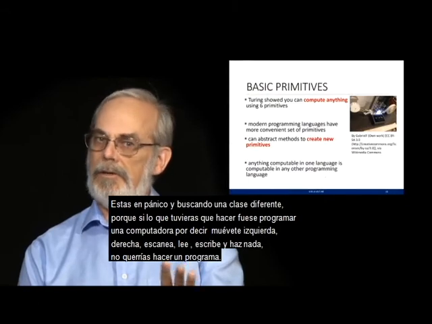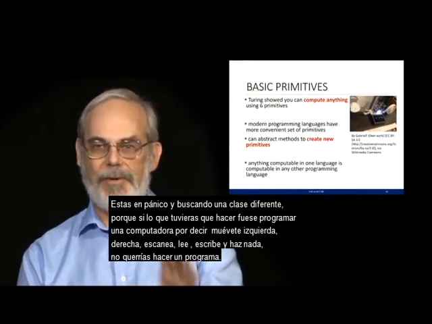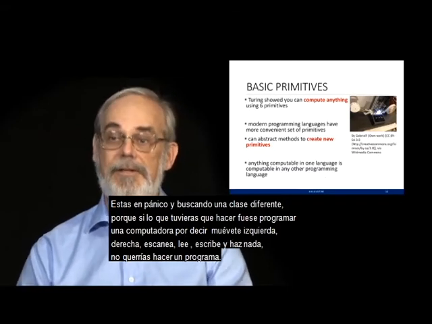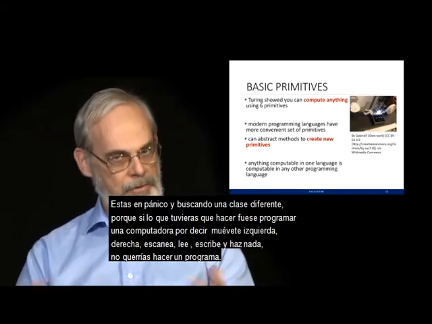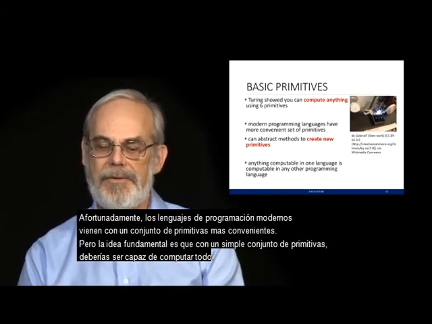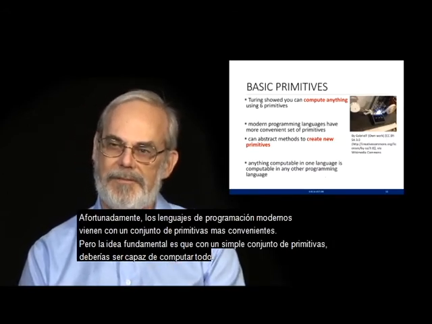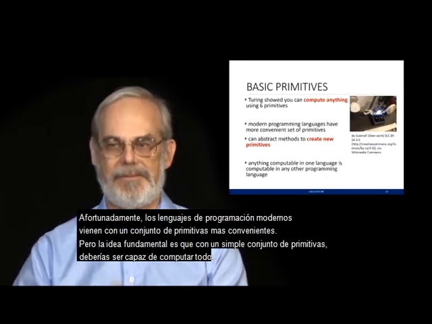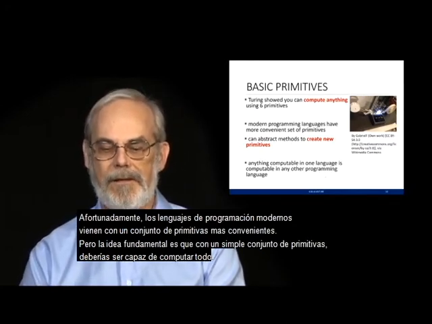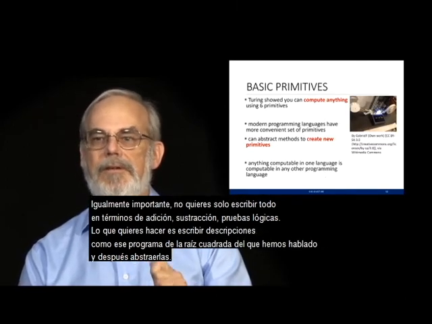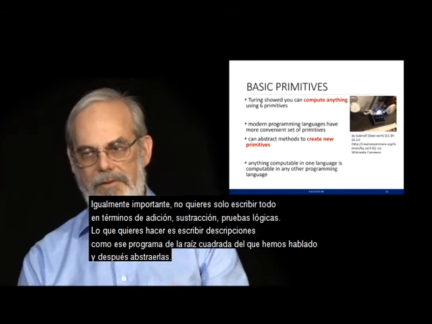You're now panicking and looking to find a different class, because if what you had to do was program a computer by saying move left, move right, read, write, scan, stop, you don't want to program. Fortunately, modern programming languages come with a more convenient set of primitives. But the fundamental idea is that with a simple set of primitives, you should be able to compute anything. Equally importantly, you don't want to just write everything in terms of addition, subtraction, logical tests.